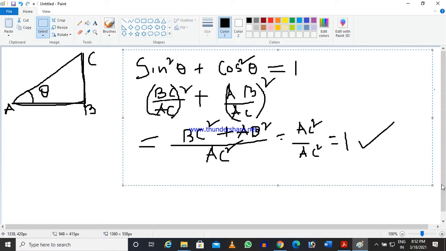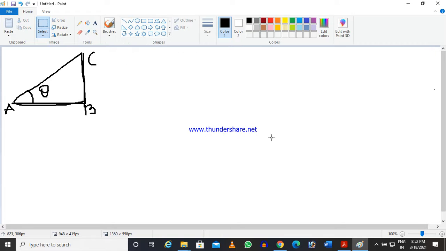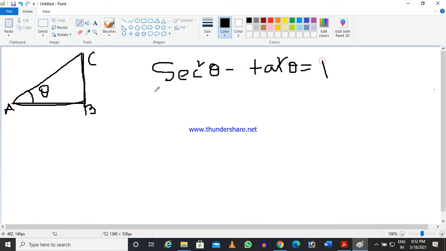Now the second formula is sec square theta minus tan square theta is equal to 1. Now we have to find out sec theta. Sec theta is basically 1 by cos theta.